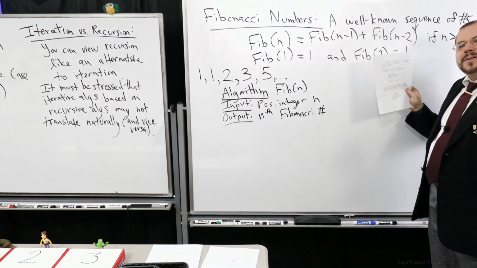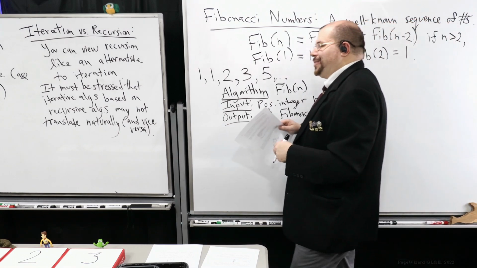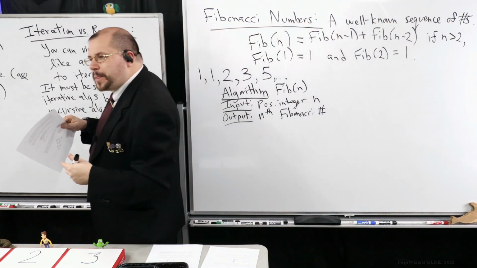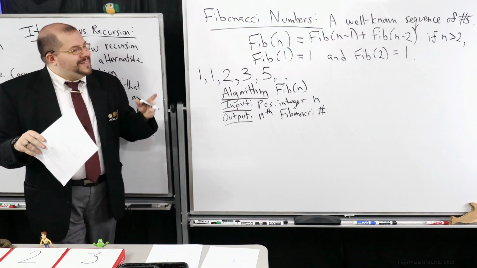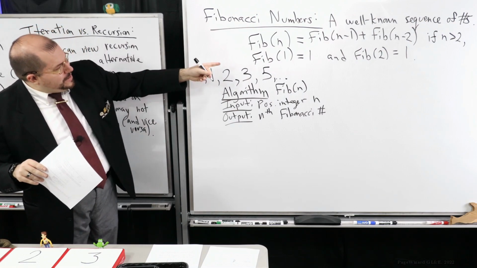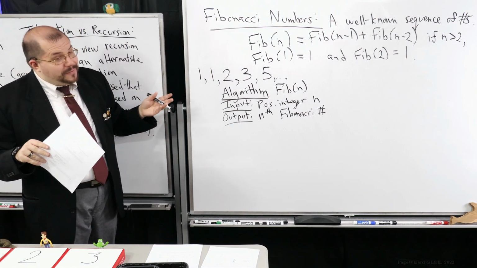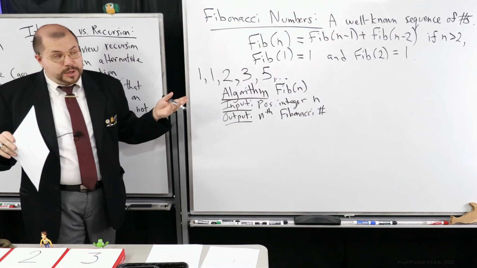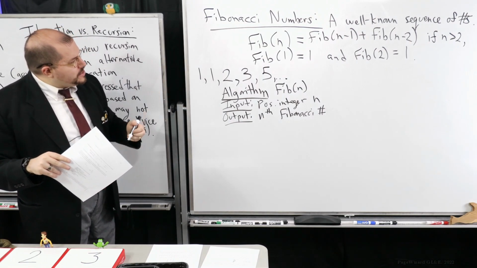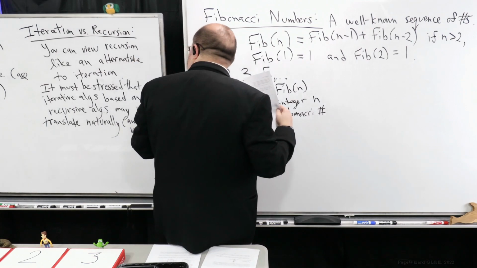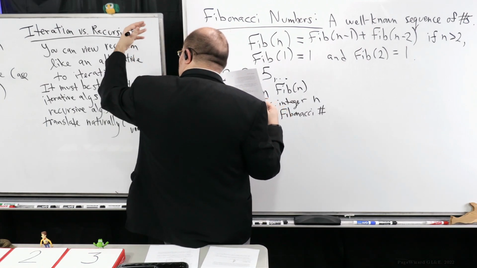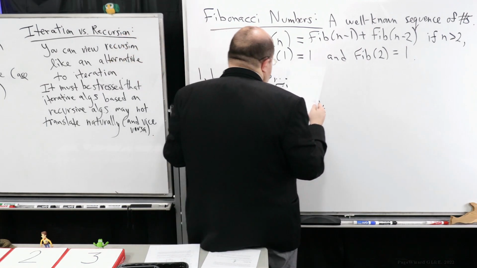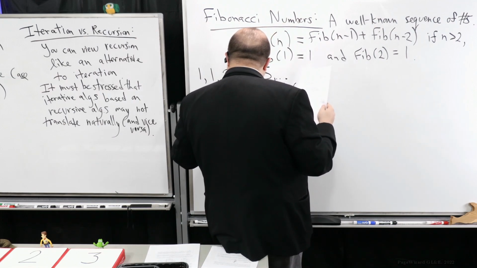So, what's a good place for us to start for describing the algorithm? Well, a very natural place would be to start at the base case here. You don't have to go with the base case first. You might write the recursive case first. I'm just going to describe with the base case just to show you that it doesn't have to be recursive case first or base case first, or the other way around, as long as you're careful with your control structures.